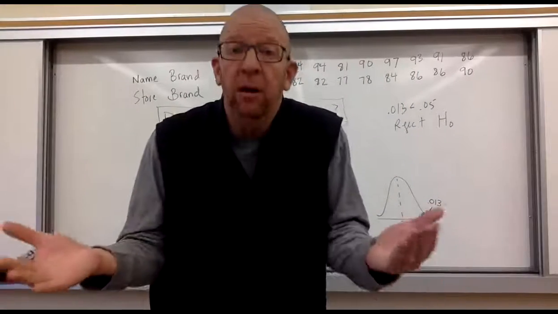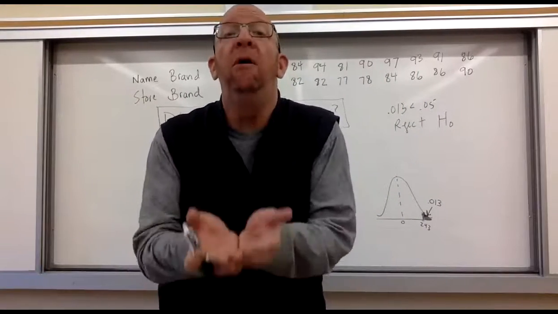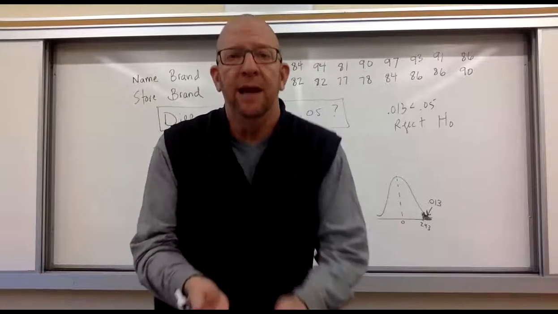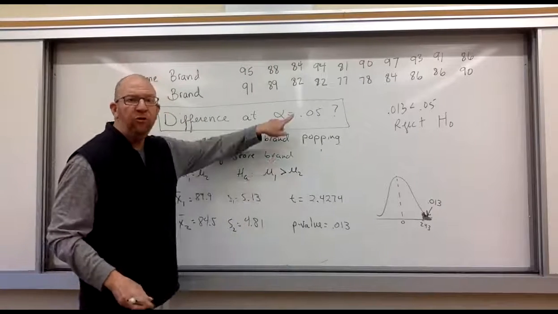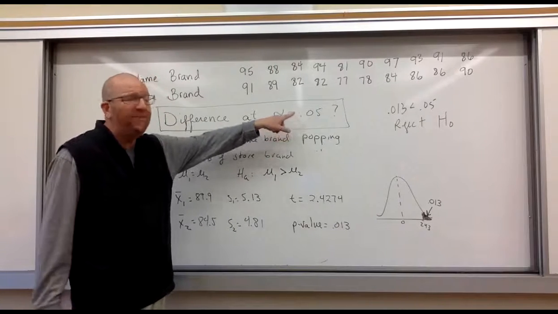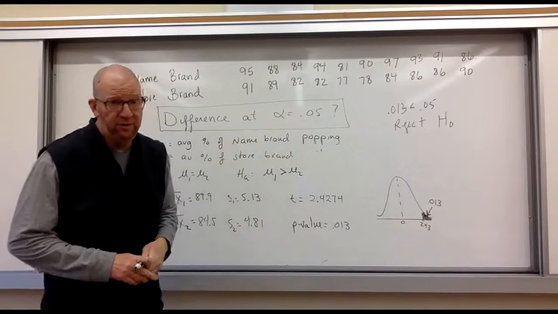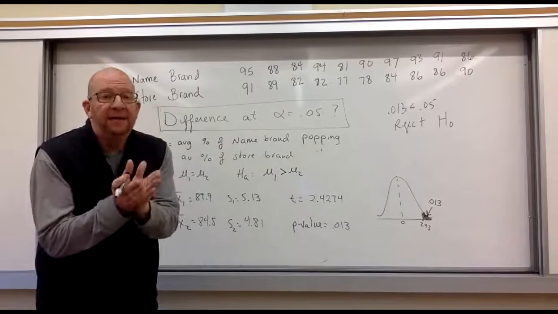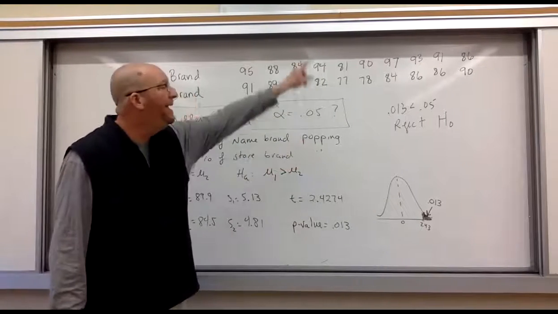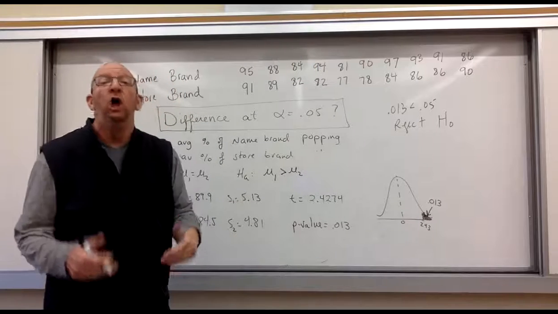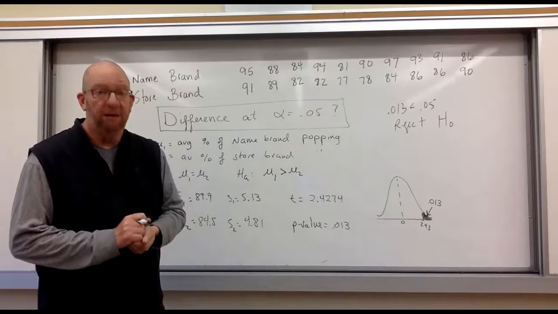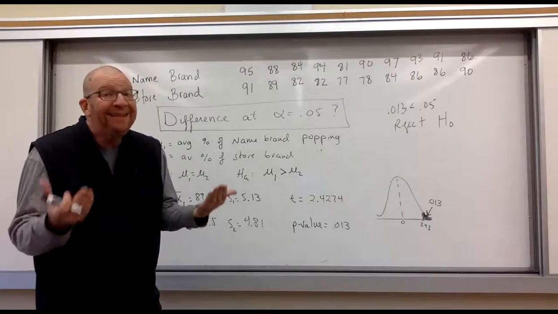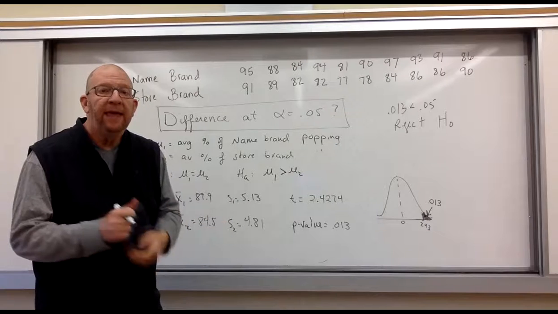It's not 0, but it's low and it's below 5%. Now, what if I had said alpha equals 0.01, the 99% level? We would fail to reject. But because our p-value is less than alpha, we're going to reject the null. And that's how this works.